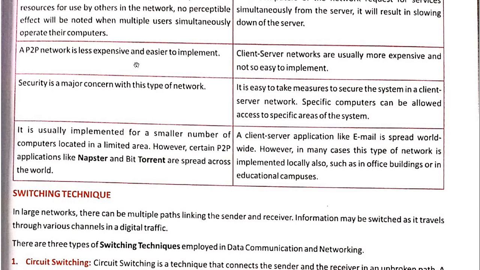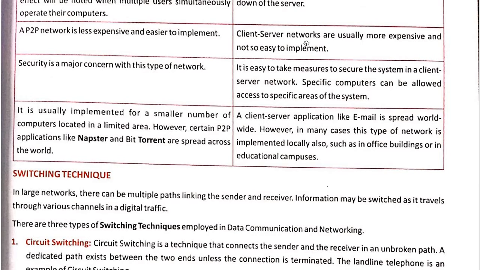A P2P network is less expensive. It can be established in homes or offices very easily with the help of wire, but a client server architecture is expensive because a very big server is made for a country. For example, in India, in Delhi, a very big server is there, where all the resources are kept, and it is controlled and monitored for the other states.